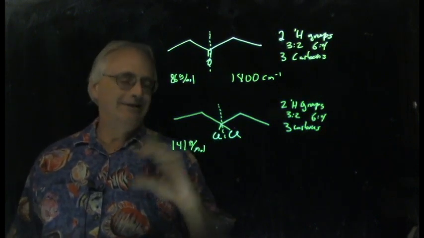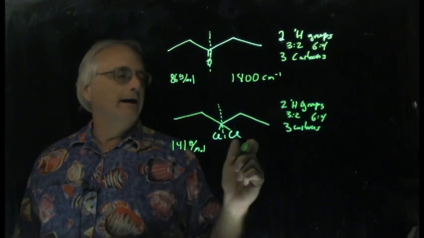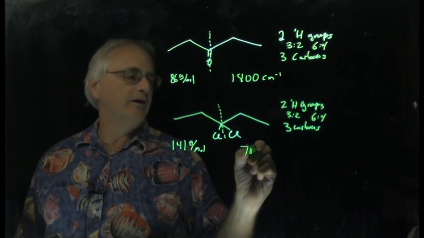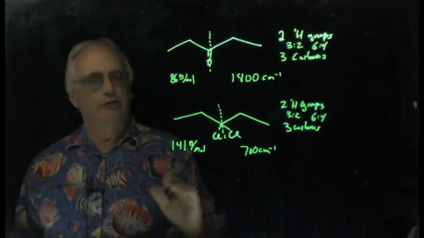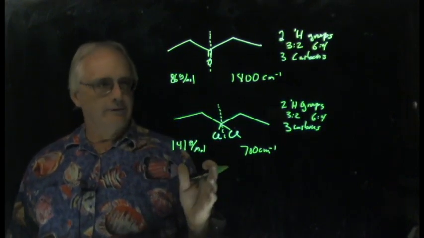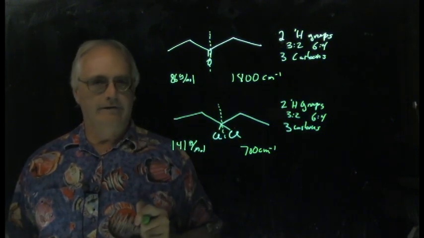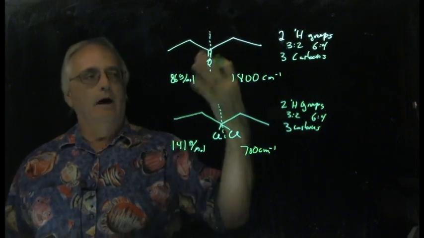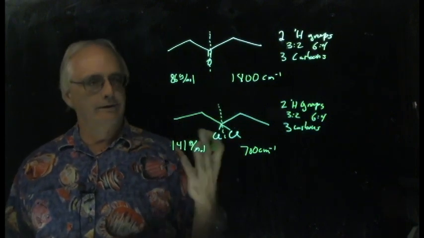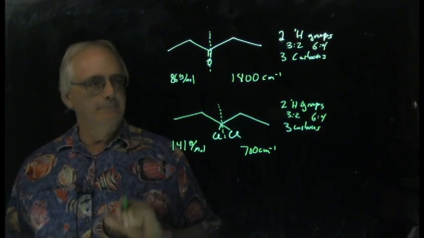Carbon-chlorine, carbon-halogen bonds are also relatively distinct, somewhere in the neighborhood of 700 wave numbers, and that could vary quite a bit. But those are two things you could do to try to tell the difference between the two molecules. Either mass spectra results or IR results would be helpful here. The chemical shifts in the carbon spectra are also where NMR really shows a strong difference, and we'll get to those chemical shift differences later.